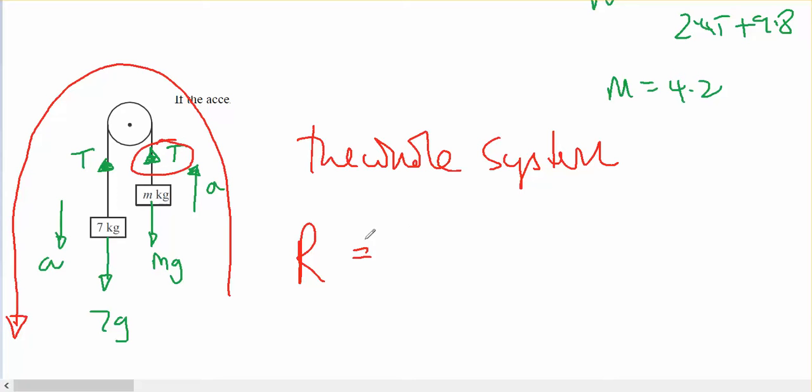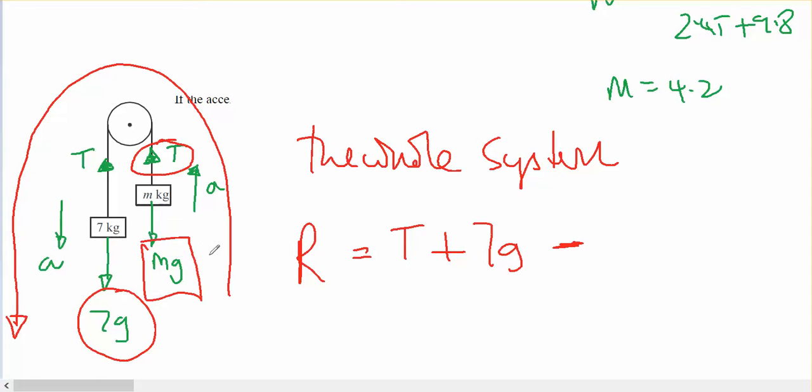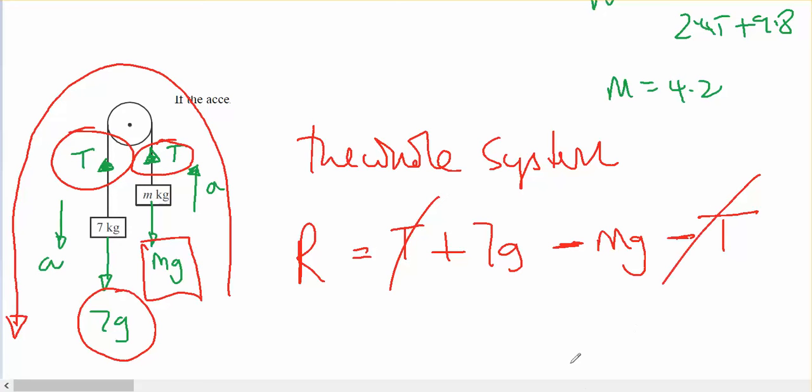So that's going in the direction of motion, and this is also going in the direction of motion, because both of them are in the direction of motion, minus anything in the opposite direction, which will be mg, and minus T. So you'll notice that the T's cancel themselves.